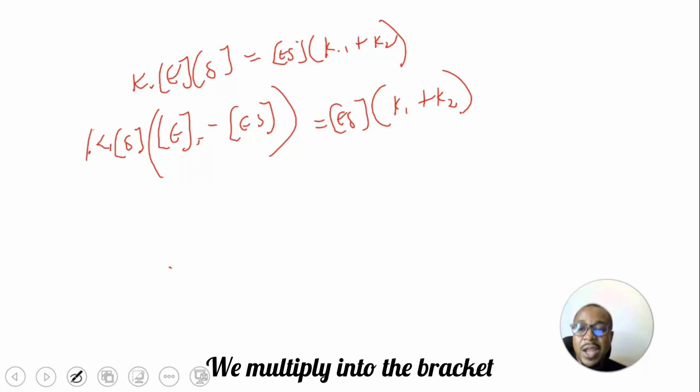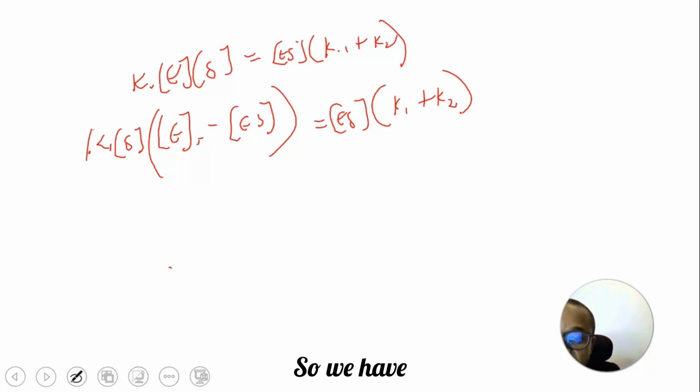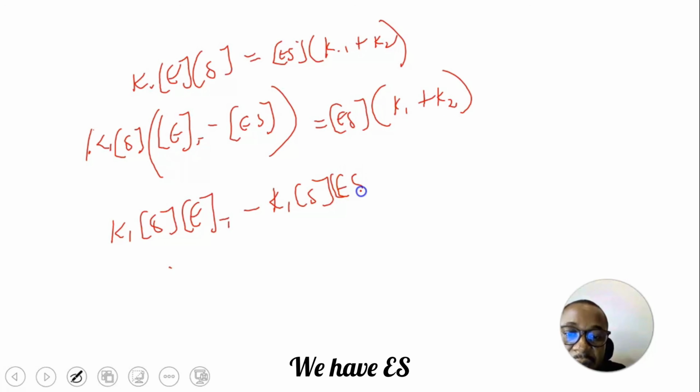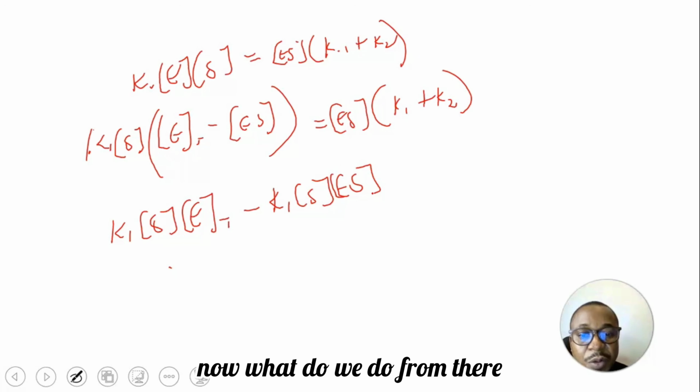So what do we do now? We multiply into the bracket. So we have K1 S, then E total, and we have minus K1 S ES, which is multiplied by this ES. So now what do we do from there?